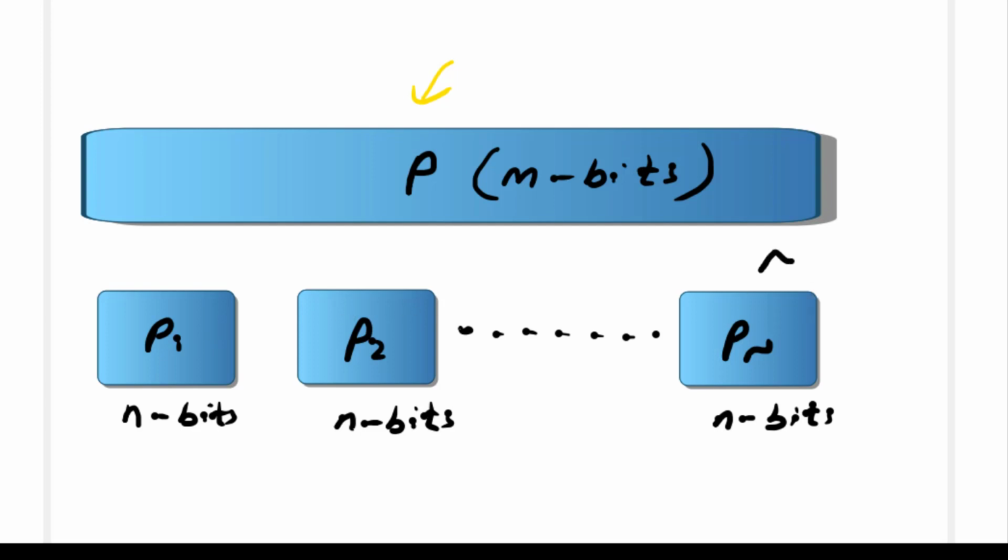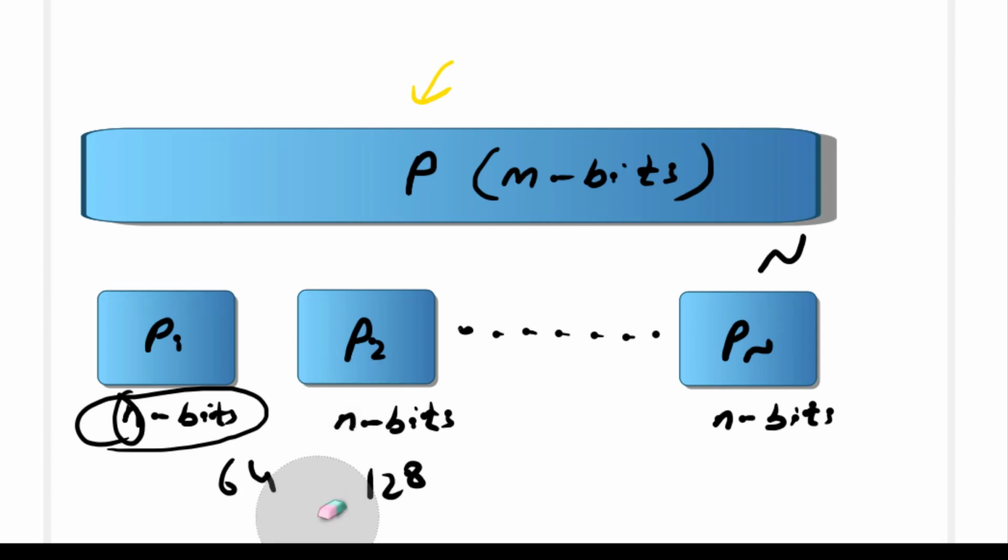So there are n number of blocks. Each block is of small n bits. This n may depend on what method we are using. Let us assume it may be 64 bits or 128 bits. So we divide the entire plain text into some number of blocks, and each block is of the same size.